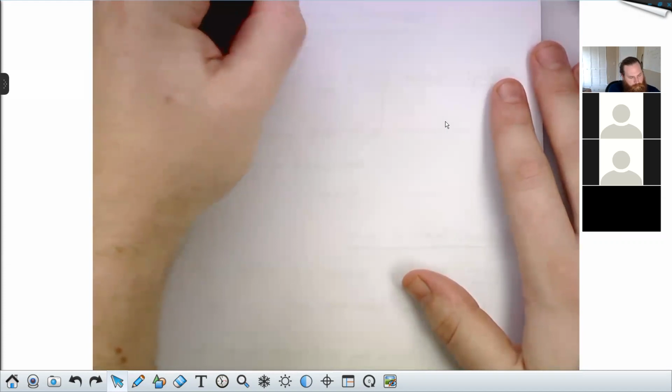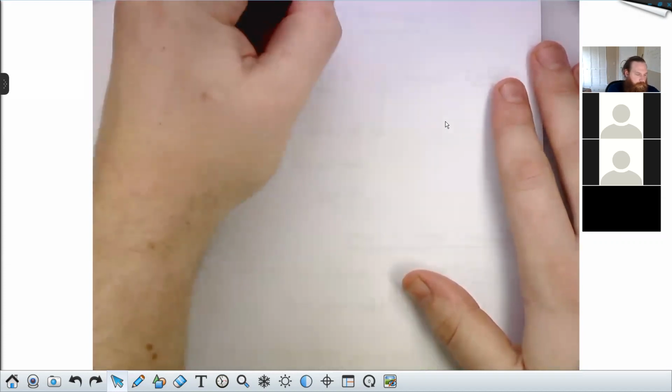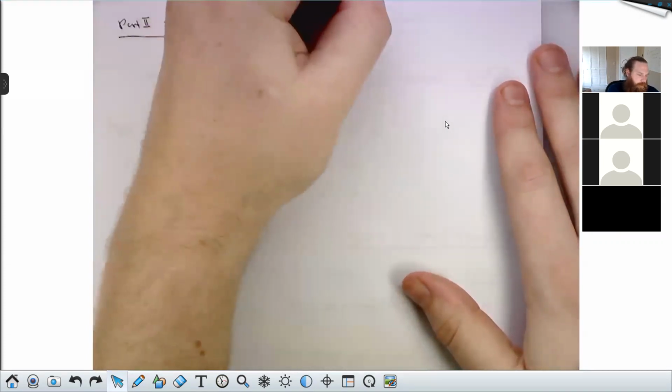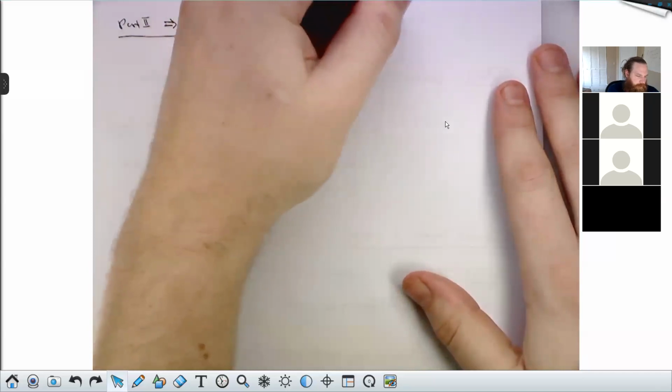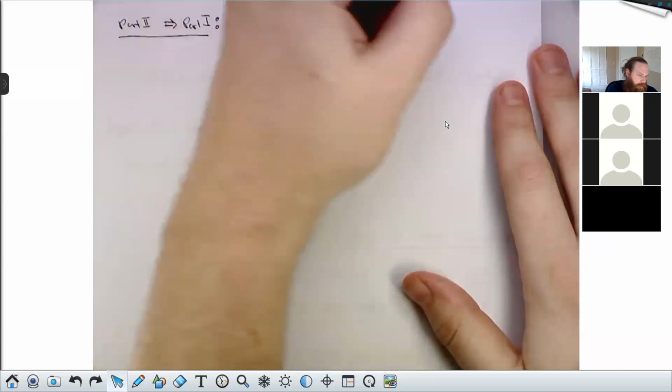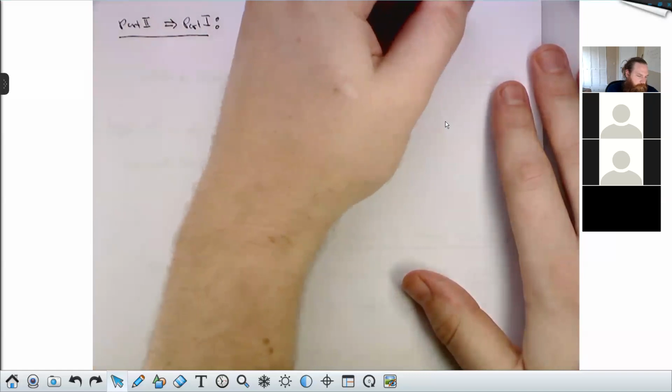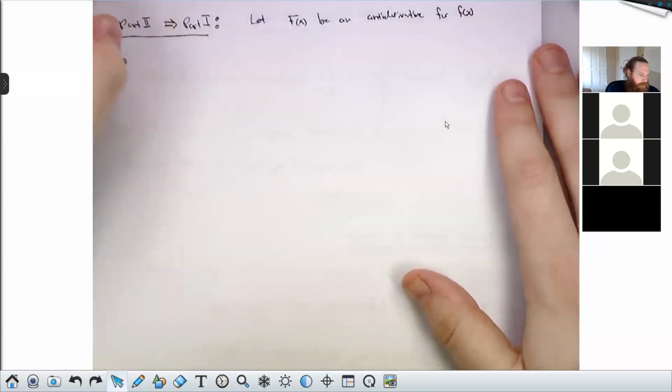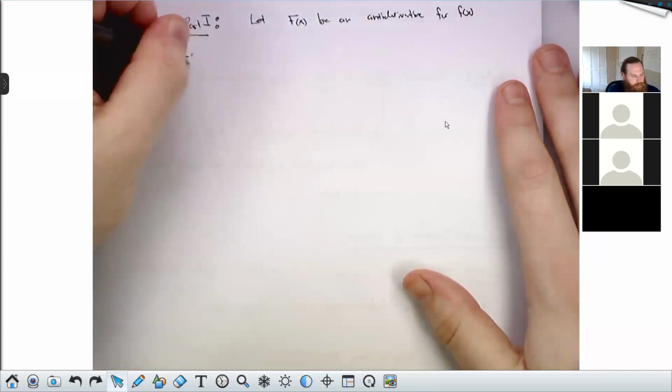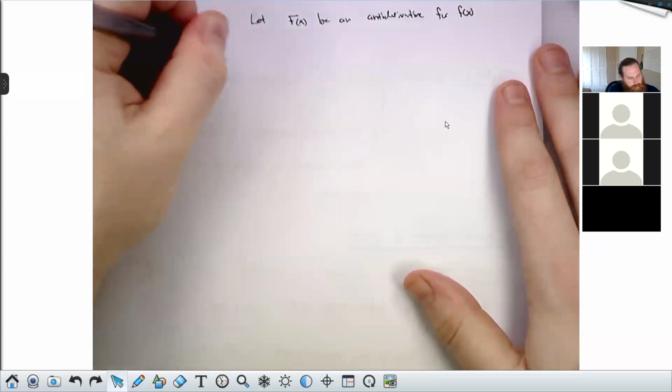Let capital F be an antiderivative for little f, meaning if you differentiate big F, F primed is little f.